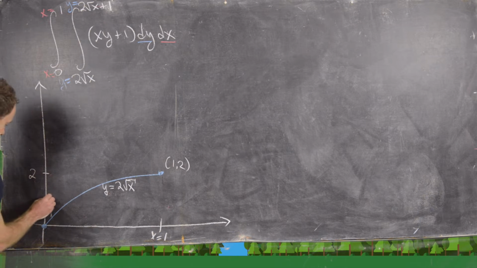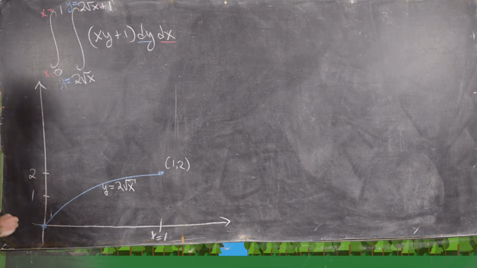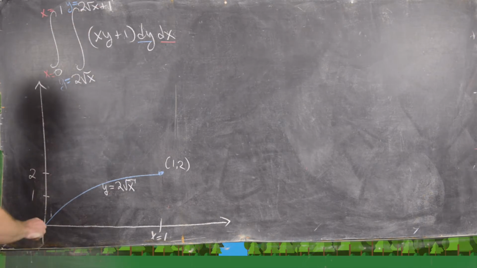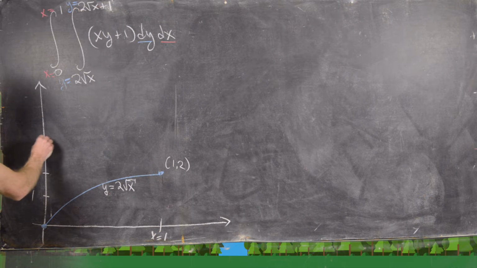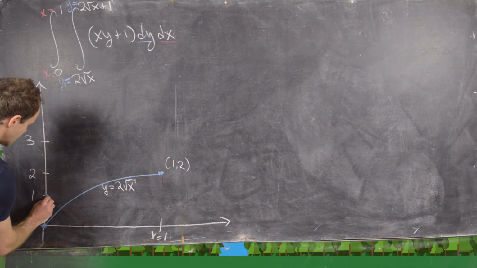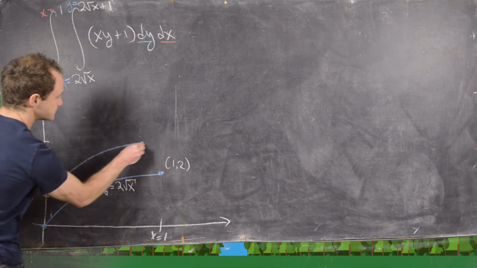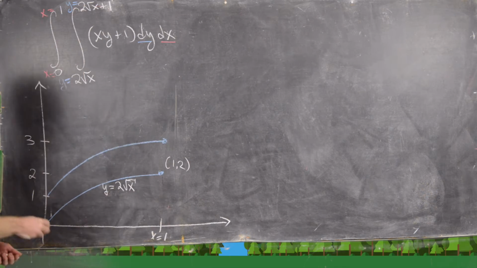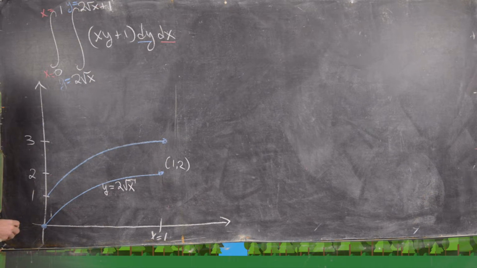It's going to go through this point, 1, because it's been shifted up 1, and it's also going to go through this point, 3. In fact, it's just this function exactly shifted up 1. So we can draw this picture, and we get something like that.